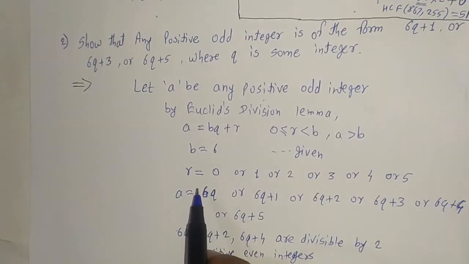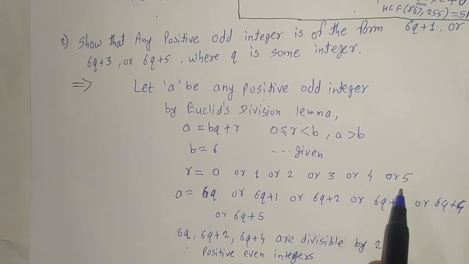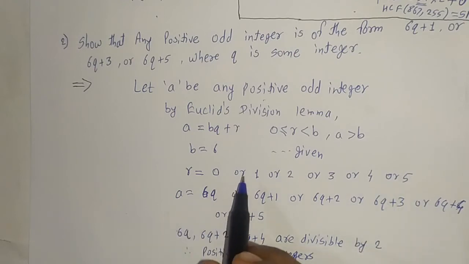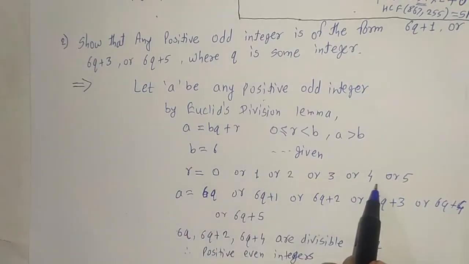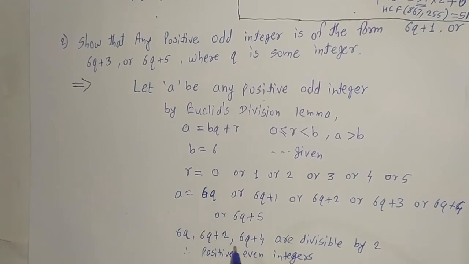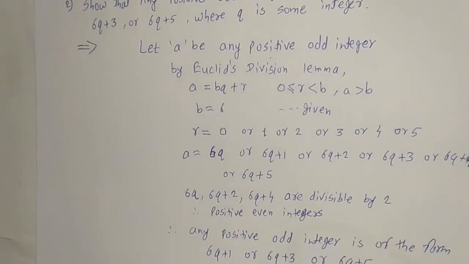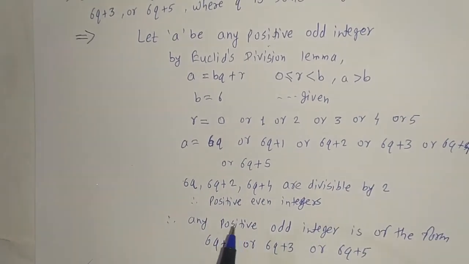So value of r can be from these integers 0, 1, 2, 3, 4, 5. Correspondingly, if we replace the value of r by these numbers, you will get corresponding equations. Out of these, 6q, 6q plus 2 and 6q plus 4: if we put any number in place of q, you will get a positive even integer because they are divisible by 2.